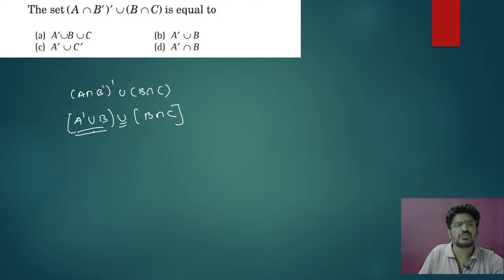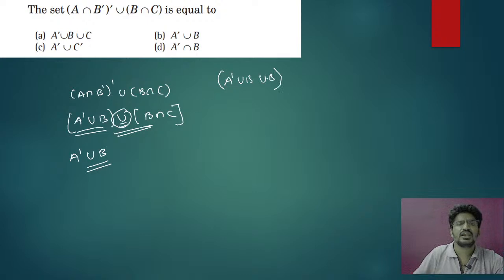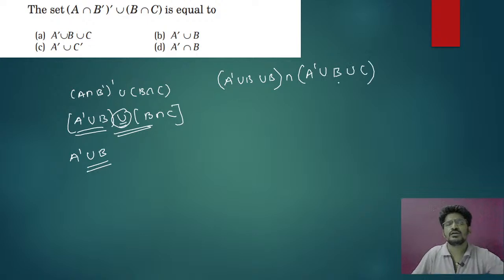So that means we are making the union of these two, and you can see that here you are going to get the same term, that is A complement union B. You have union here, you simplify this: A complement union B union B, intersection with A complement union B union C. Okay. So if I simplify this, you will get this step.